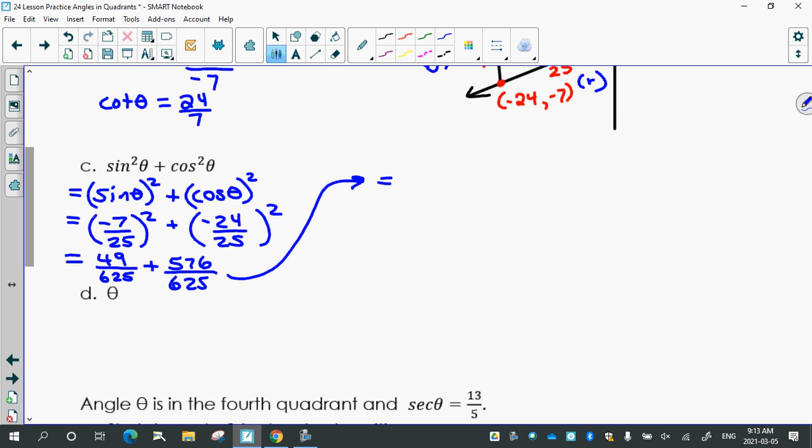And you're lucky it's already got a common denominator. Both have 625 as the denominator, so you can add the numerators. And they add up to 625 as well. And 625 divided by itself is 1.